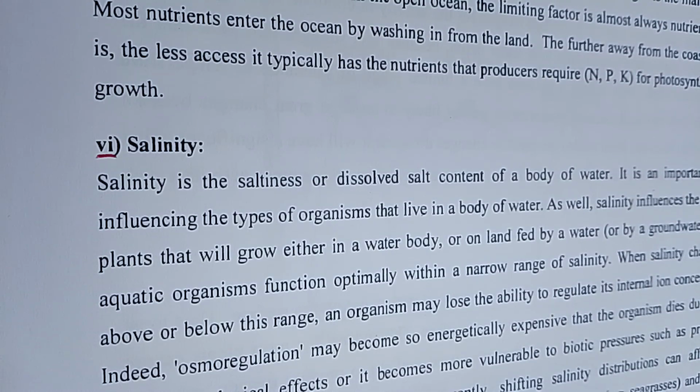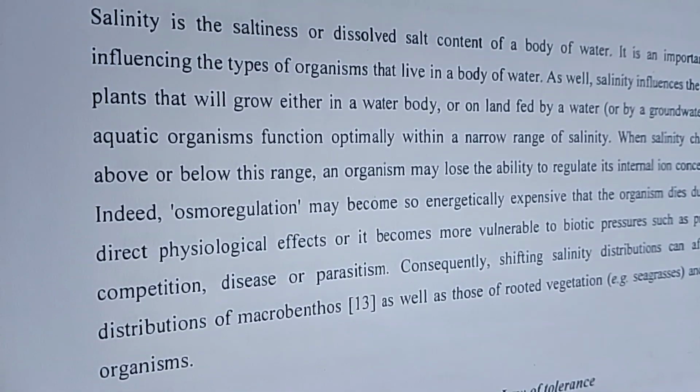When salinity changes to above or below this range, an organism may lose the ability to regulate its internal ion concentration. Indeed, osmoregulation may become so energetically expensive that the organism dies due to direct physiological effects, or it becomes more vulnerable to biotic pressures such as competition, disease, or parasitism.